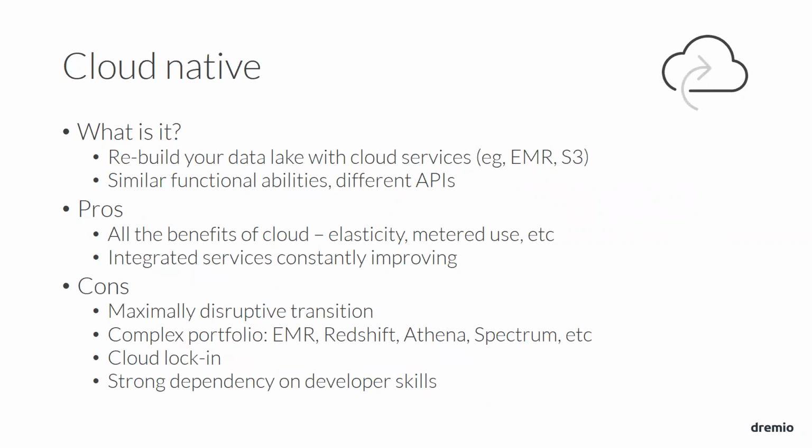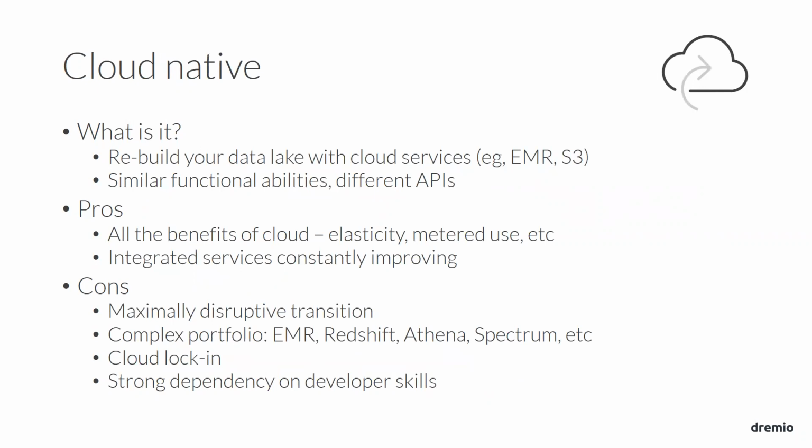On the other end of the spectrum, we have the cloud native approach, which involves rebuilding your data lake using cloud services that are provided by the cloud provider, by Amazon or Microsoft or Google. So what does that look like?